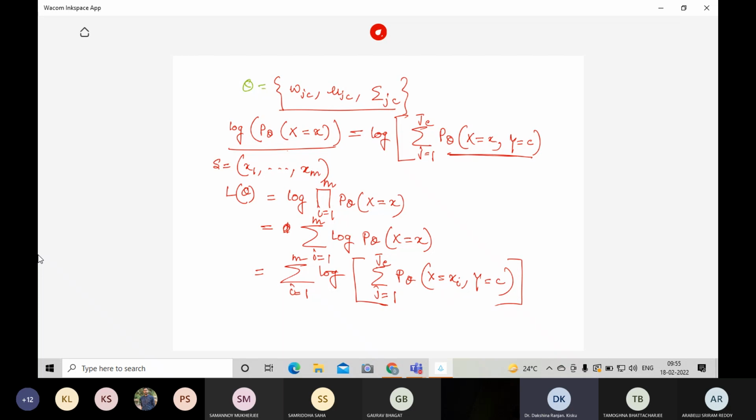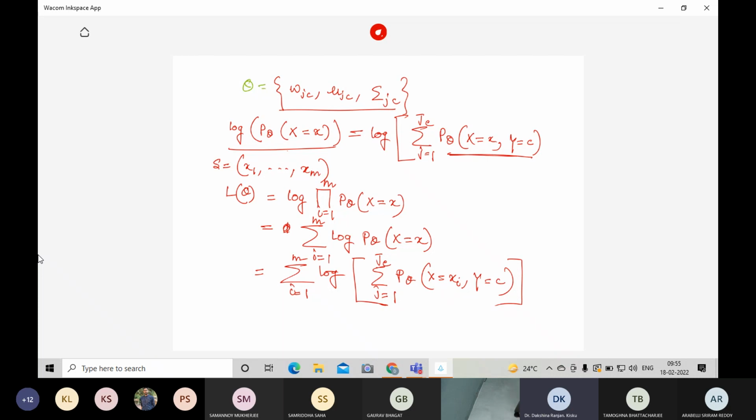Now since we are interested to find the theta that will maximize the log likelihood function for observation S or sample space S, for each and every class we need to get this summation of the joint probability distribution.